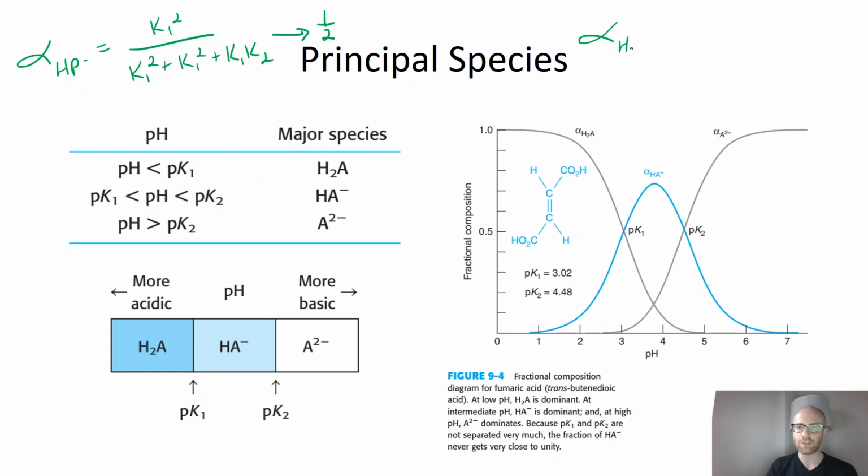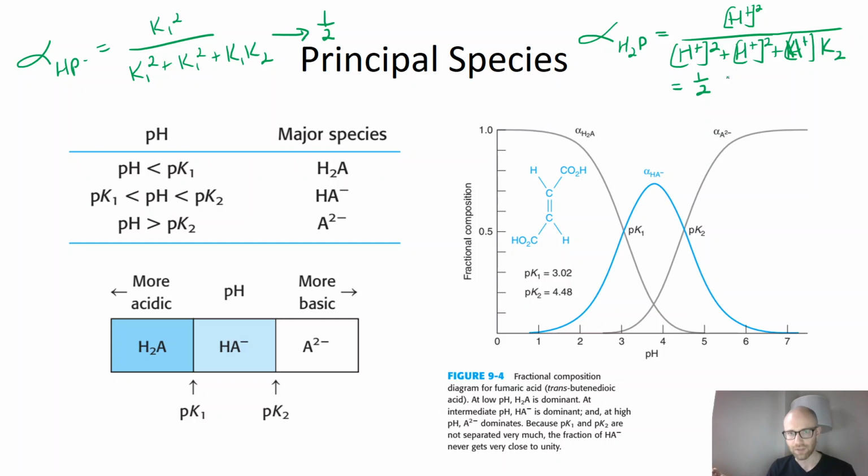Substituting in for the H2P amount, we would get H plus squared over H plus squared plus H plus times K2. And again, this would tend towards 1/2 with a negligibly small K2.